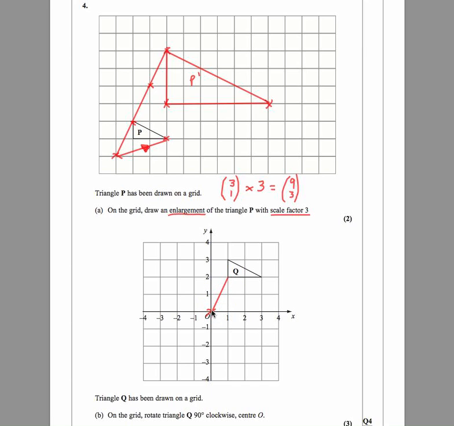That point was going across 1 and up 2, so at a right angle it's going to go across 2 and down 1. Just draw that again, to there. So that's our first point.